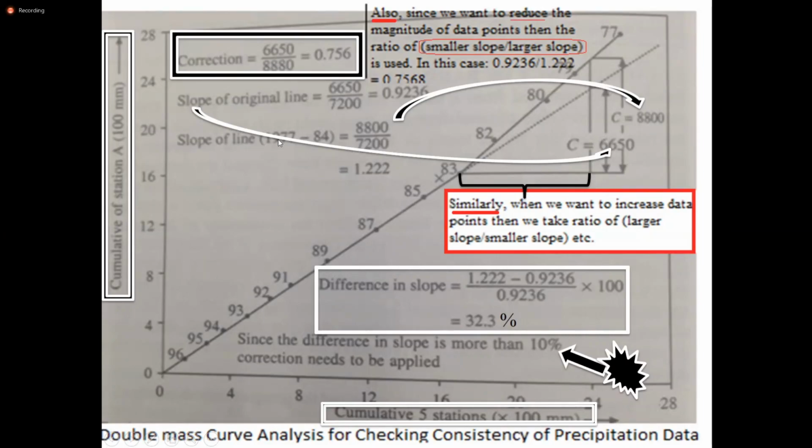Slope of the line 1997 to 84. So that is the slope of this line. That slope is 1.22. So how do we do it?